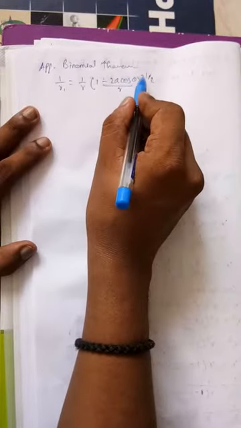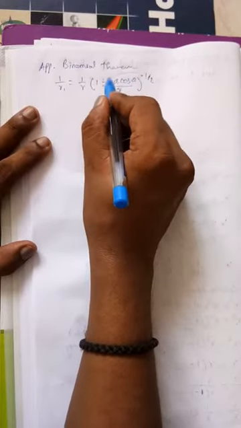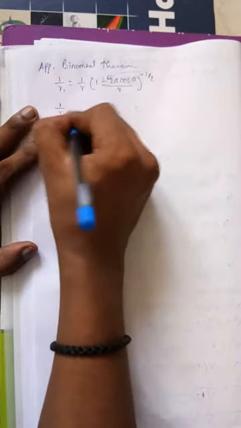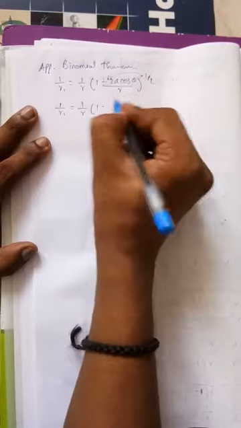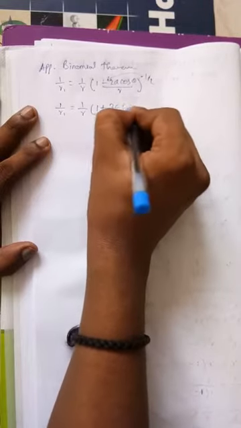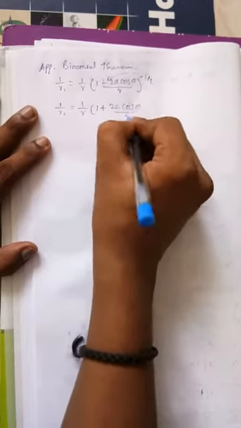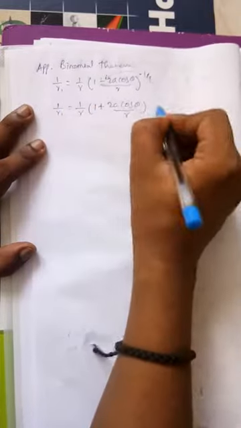Very simple. How to apply the binomial theorem? This minus 1 by 2 multiply here. So it will become 1 by R1 is equal to 1 by R (1 minus into minus plus a cos theta by R). This is the equation number 2.